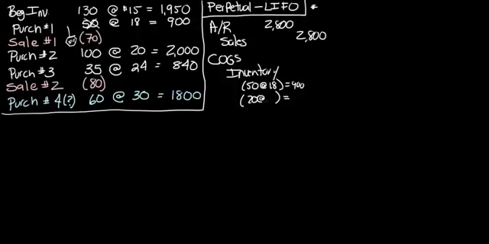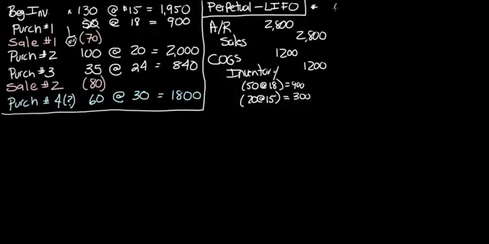So I'm going to sell all these units, and then I'm going to look back to here, and sell 20 of these units at $15 a piece. So that's 300. So my cost of goods sold and my credit to inventory for sale number one is $1,200.